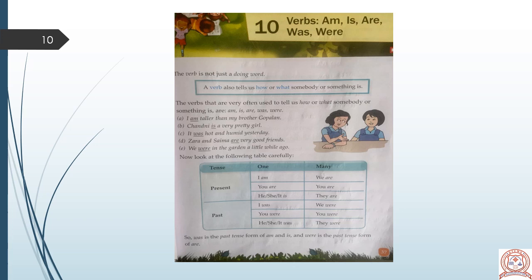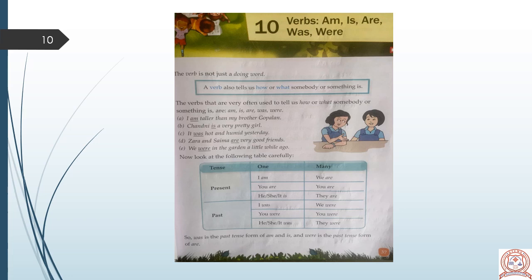Now the same in the past tense: I was, and for many we will use we were. Now in one, you were, and in many the same, you were. Now in one, he, she, it was.